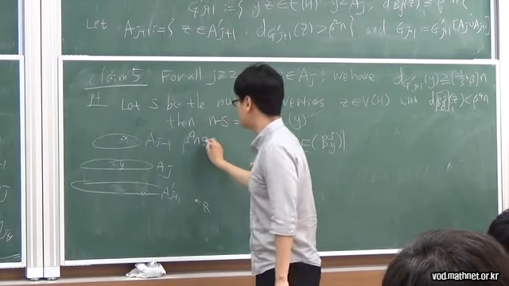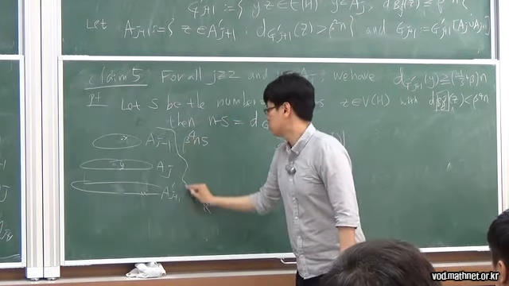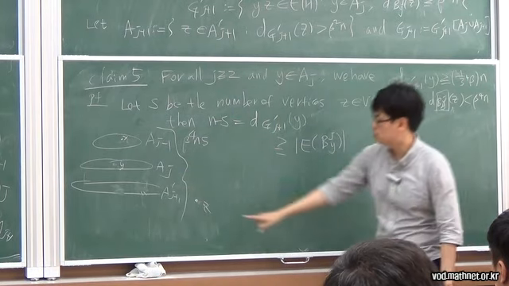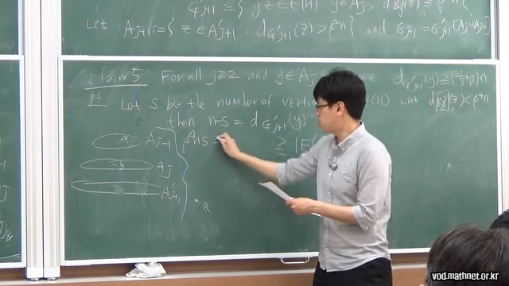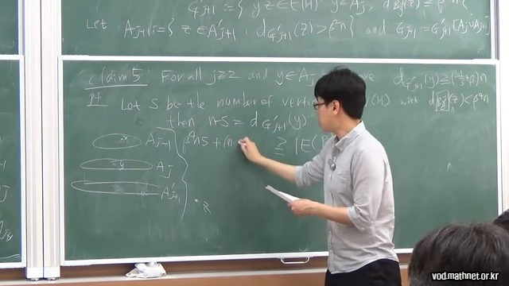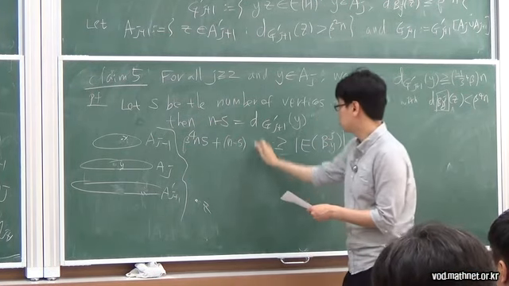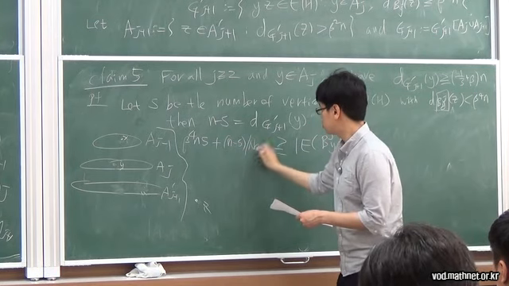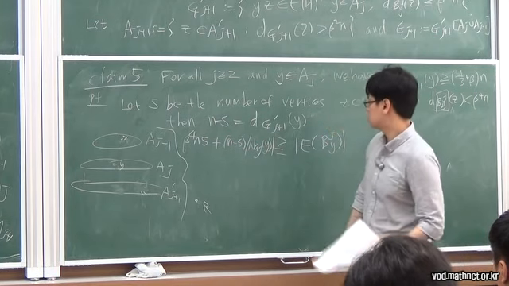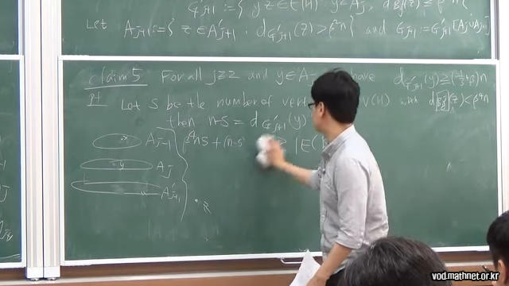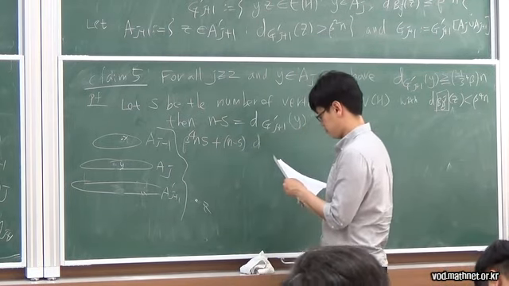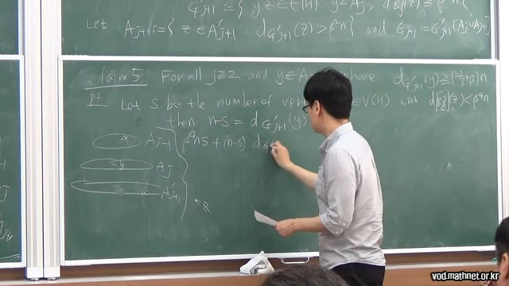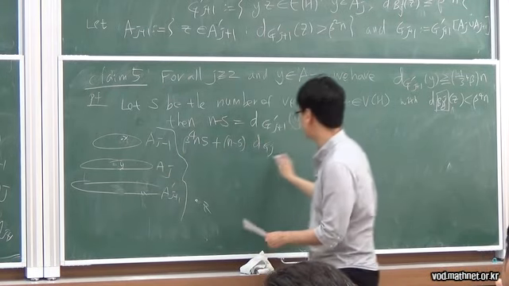And there are S many such vertices. So that's the upper bound for the contribution of these bad vertices. And then there are n minus S good vertices. They contribute, let me write it in a better way, d sub gj is between these two.